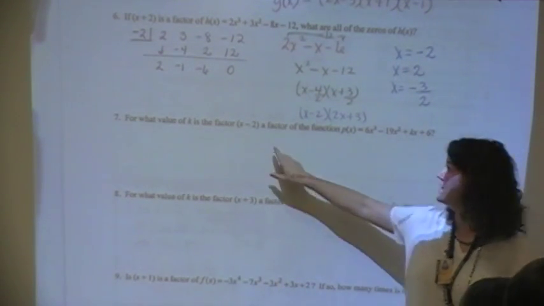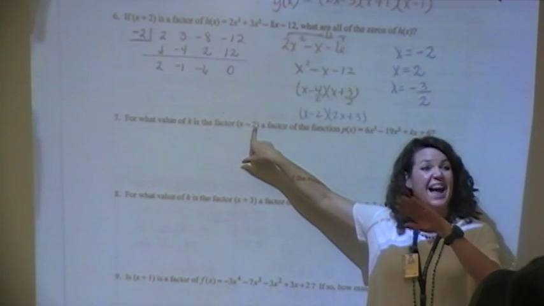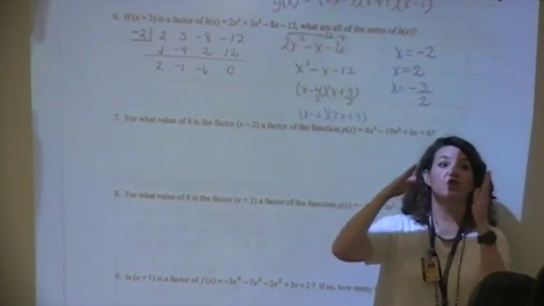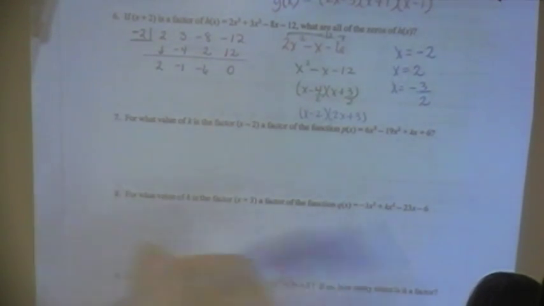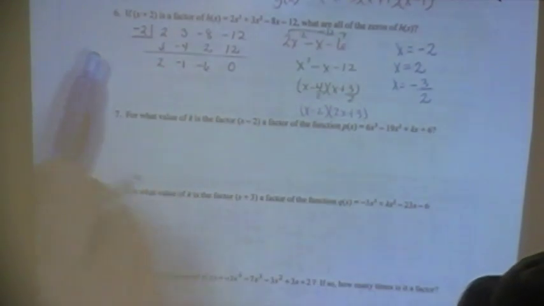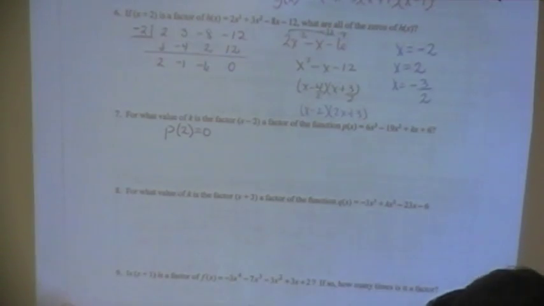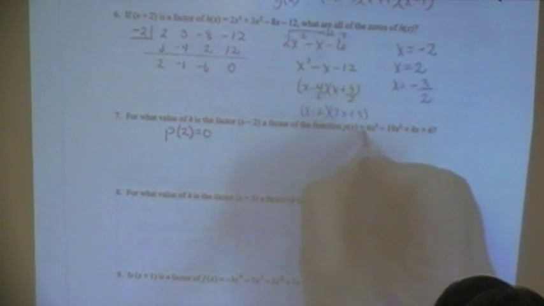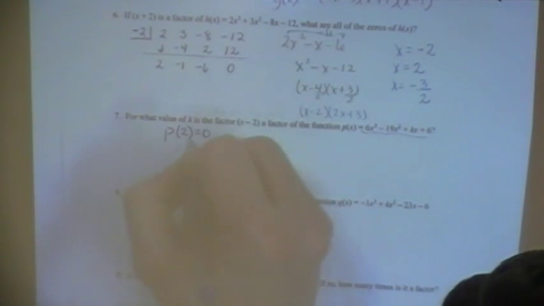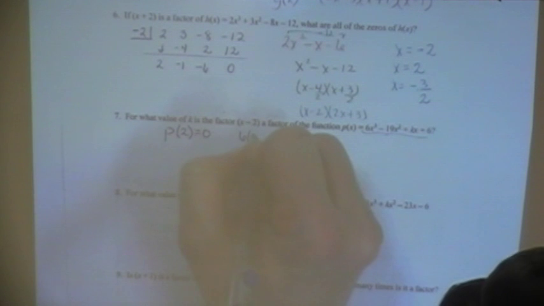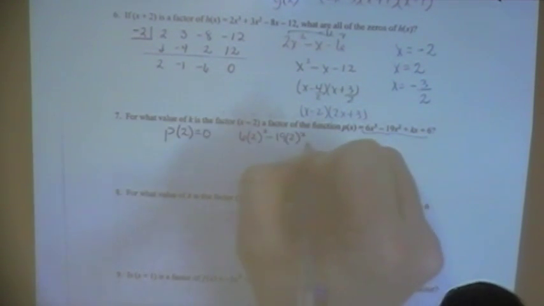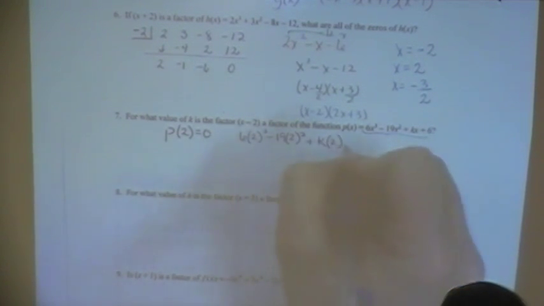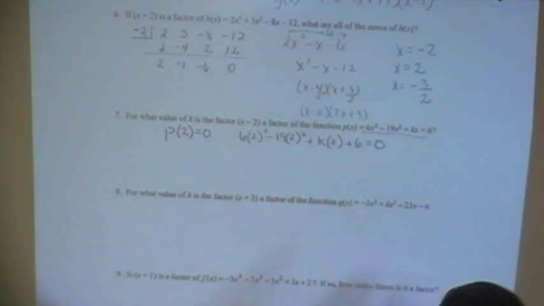It says if you plug this number in for x in your polynomial, it should equal the remainder. So the remainder of this one, if we want it to be a factor, should be 0. So p of 2 needs to equal 0. So I'm going to take this function, and I'm going to plug 2 in for every x, and then set it equal to 0.